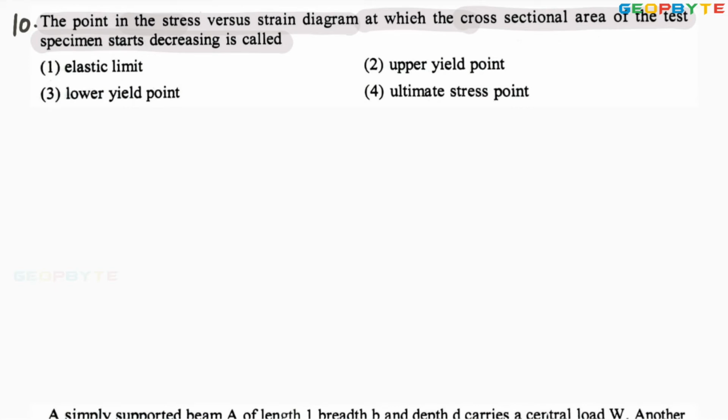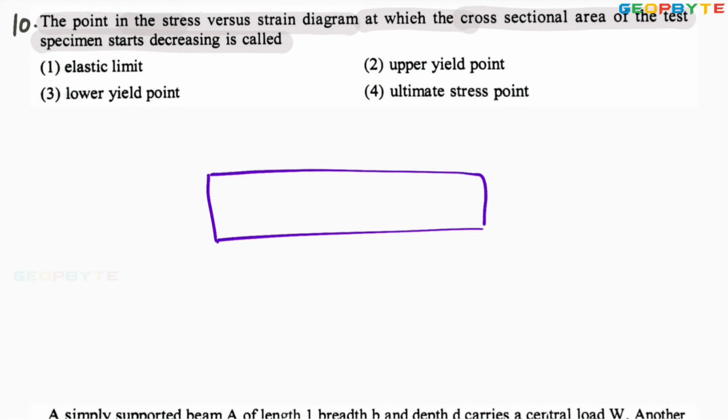In case of tensile test mechanism, you are applying the axial load. If you keep on applying the axial load up to the elastic limit, the body can get back to its original position. Once it reaches the elastic limit, the permanent deformation starts.